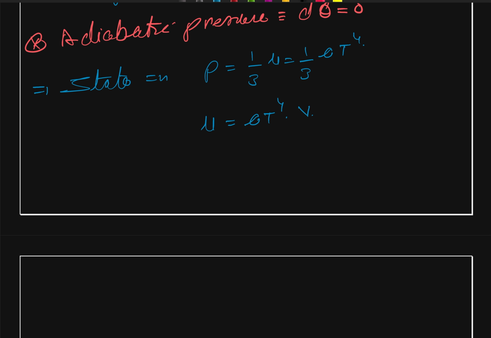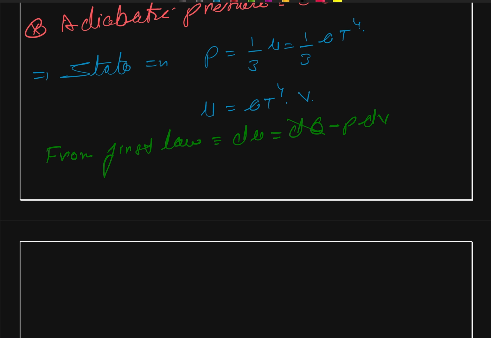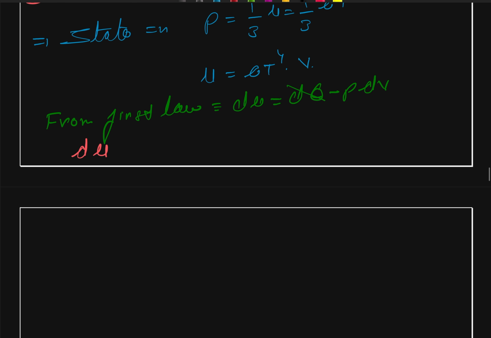So we can say from first law, we have our dU is equal to dQ minus P dV. dQ is 0, so this goes away. So we get dU is equal to minus P dV.